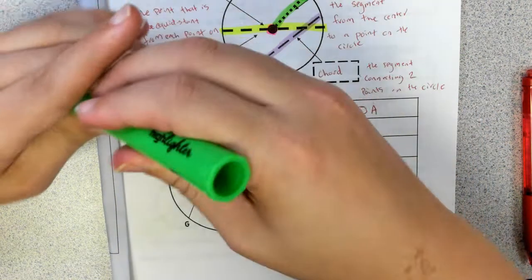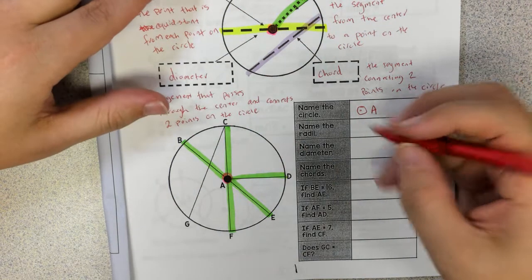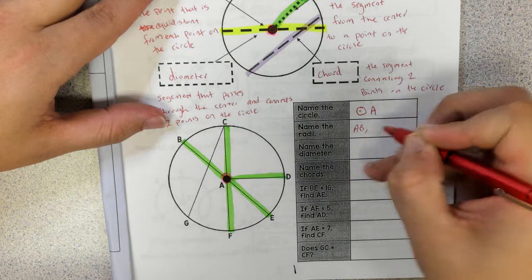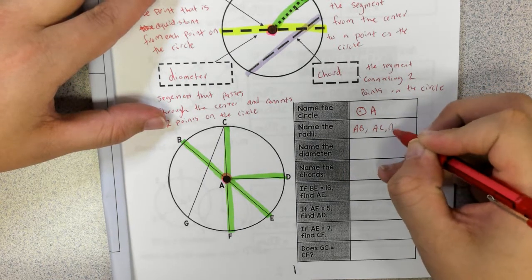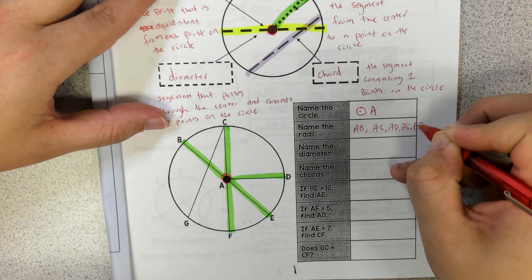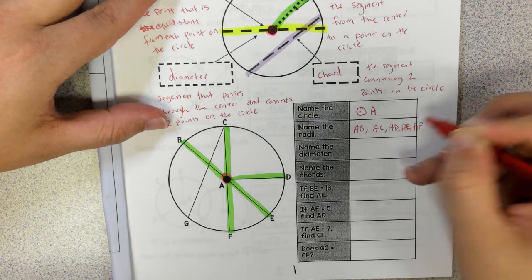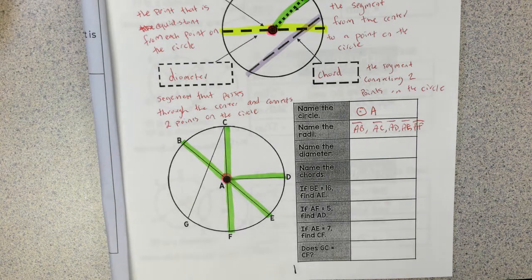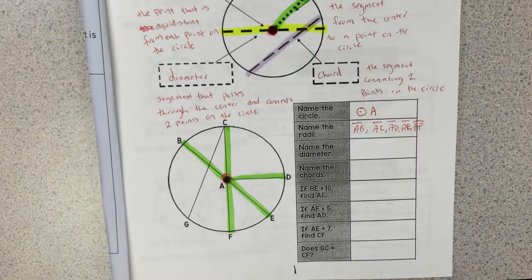All of those are our different radius or radii. So we have AB, AC, AD, AE, and AF. All line segments from the center to the edge of the circle, thus making them radii.